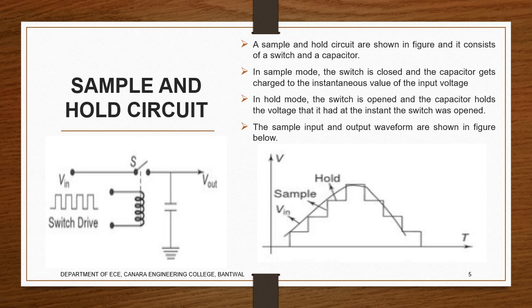The sampled waveform can be seen here. When the capacitor is charging, it charges up to one level, and in the hold mode it retains that same level. Again, when the switch is on, it starts charging to the next level, and when the switch is open, it retains the same state.